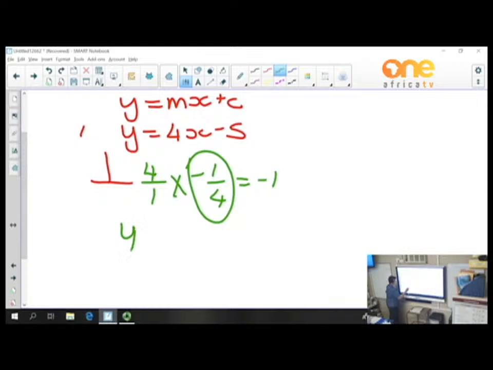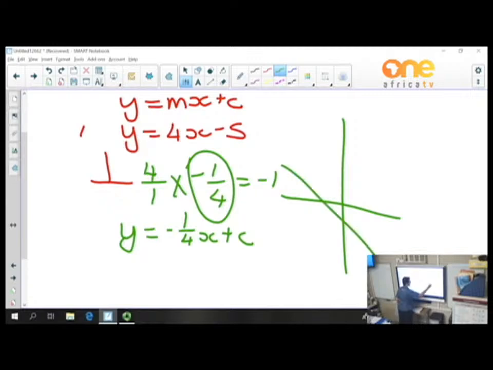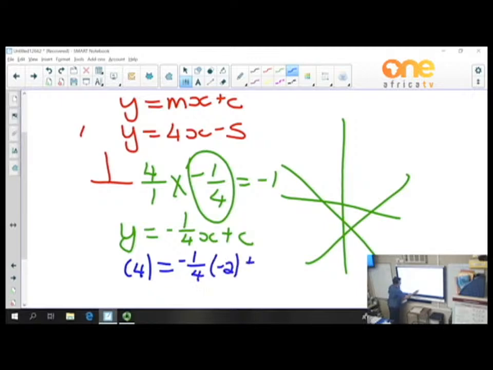So y is equal to -1/4x plus c. It doesn't pass through that point now. It has a new point. Look here, the lines look like this, and the other one is perpendicular to this one. And it passes through the point -2, 4. So if I substitute that in, 4 is equal to -1/4 times -2 plus c.